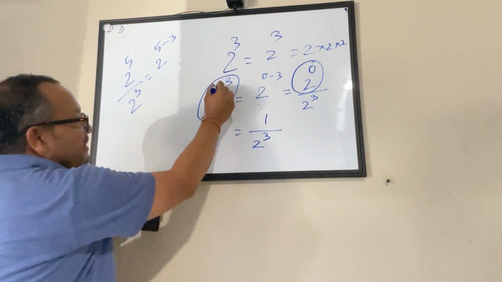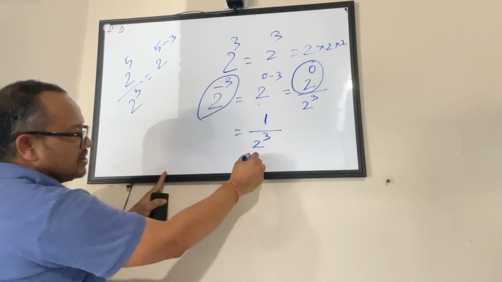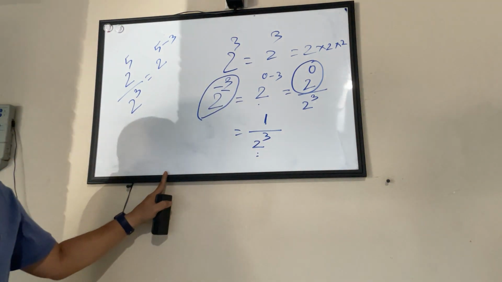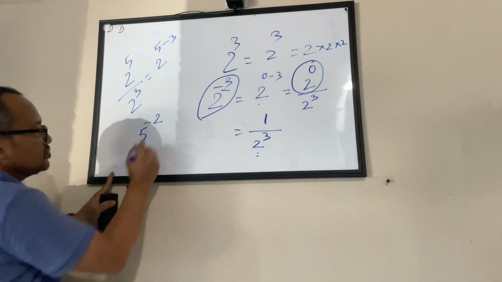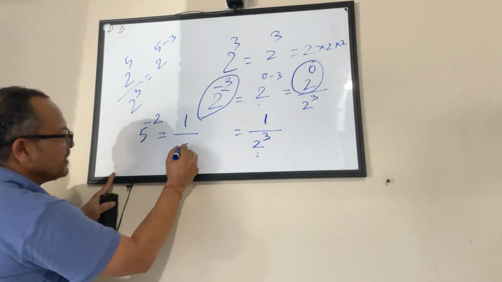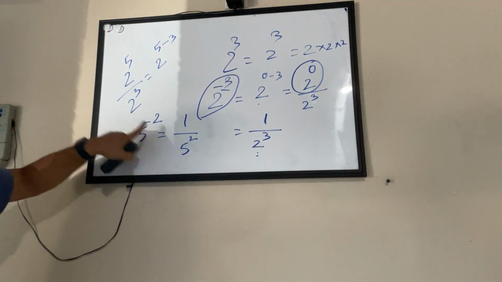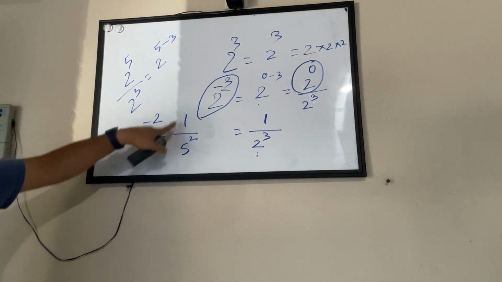It had a power minus 3. I brought it down and this minus power became plus. That's it. So if somebody gives you 5 to the power minus 2, you can also write that as 1 by 5 to the power 2. The sign goes from positive to negative, negative to positive when you move it up or down.